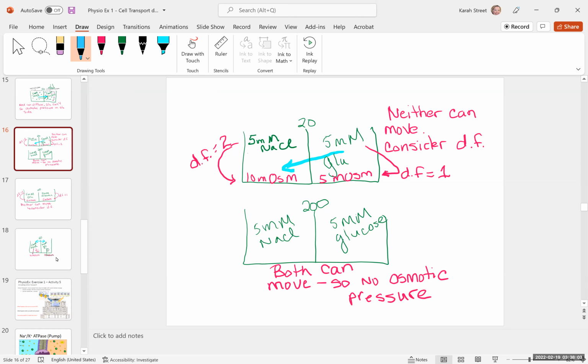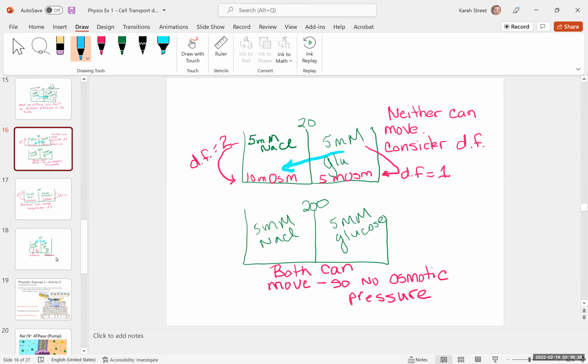Now, which side has the higher particle count? Clearly, the sodium chloride side does. So if neither of these solutes can move, and we clearly have unequal osmolarity, the water will shift to the side with the higher osmolarity. That means water shifts to the left chamber. The sodium chloride chamber will have the higher osmotic pressure.